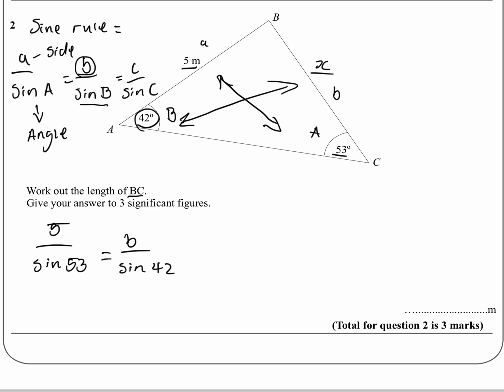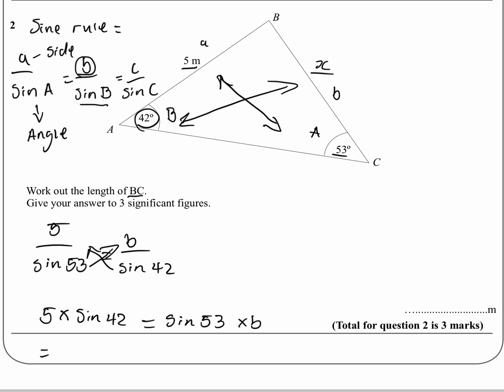From here, we use cross multiplication to get rid of the denominators, and we get 5 times sine 42 equals sine 53 times b. Here we do sine 42 times 5 on our calculators, as this is a calculator question. So let me just do that.